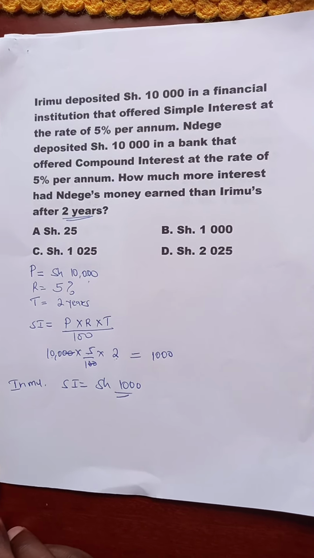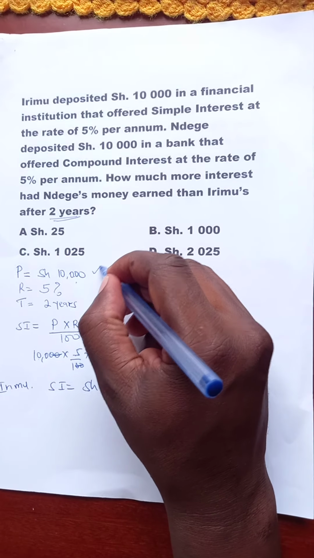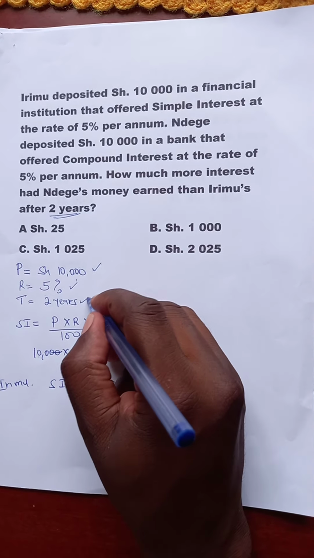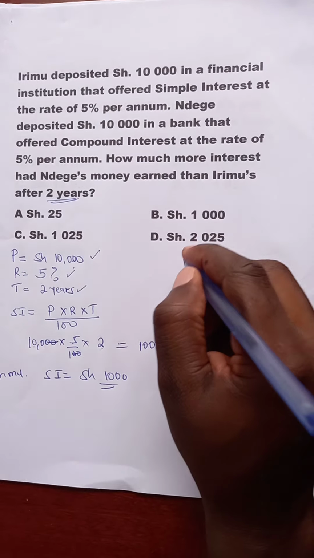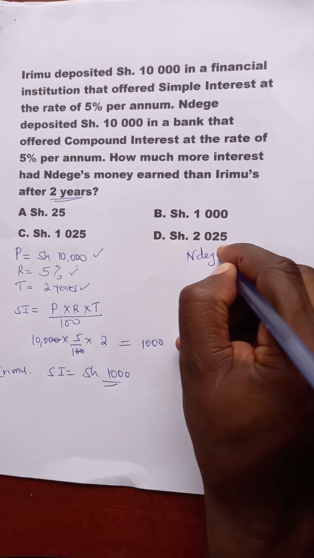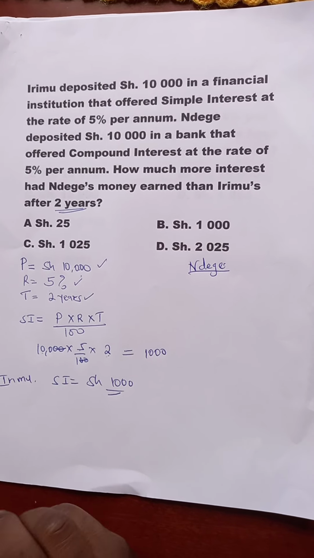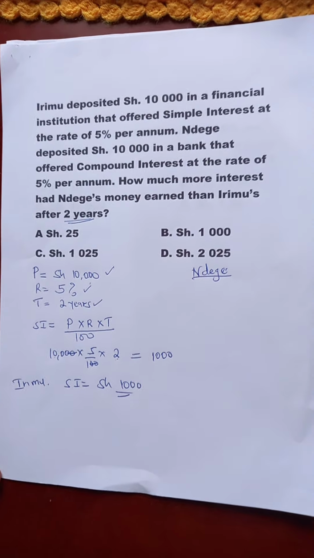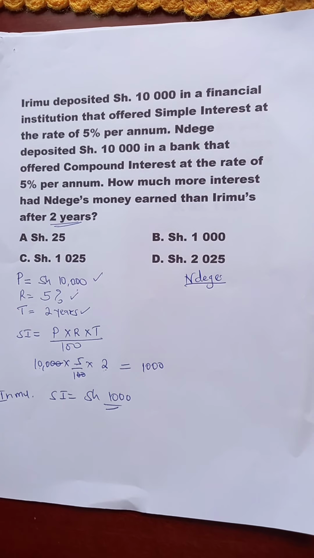For Dege's case, we are told that the principal remains 10,000, the rate is 5%, and time is 2 years. So for Dege, what are you going to do? Remember, for compound interest, we get interest per annum, meaning for every year we accumulate.